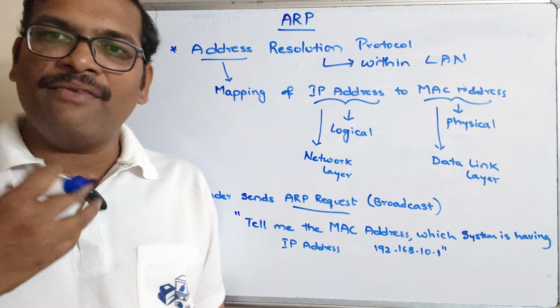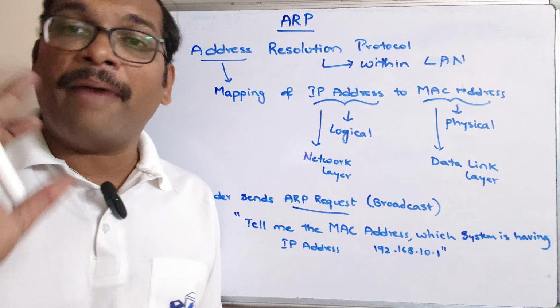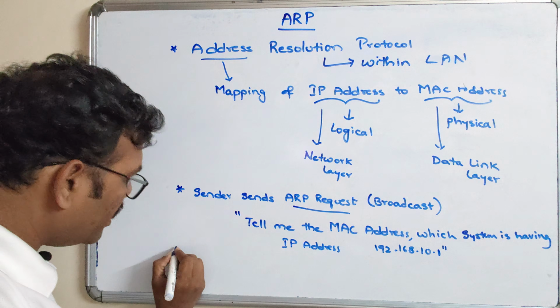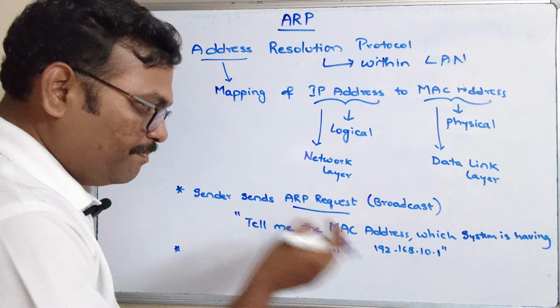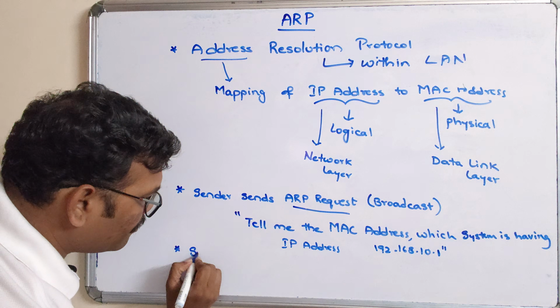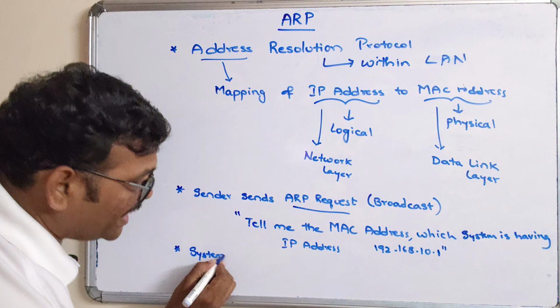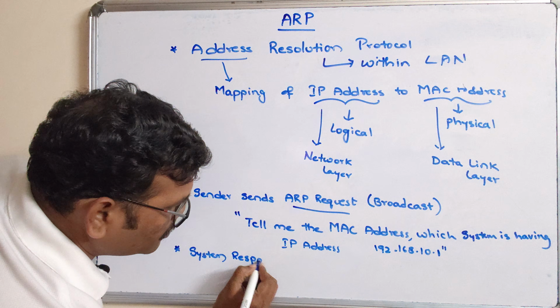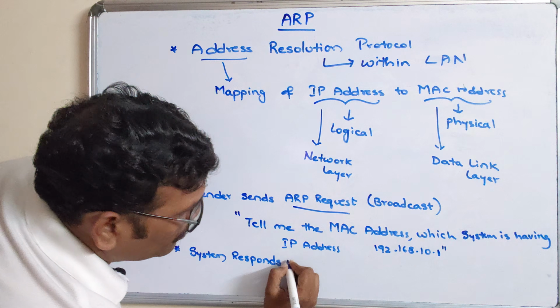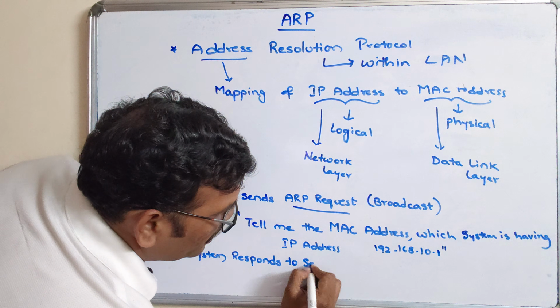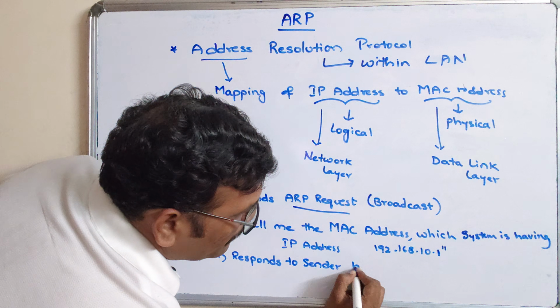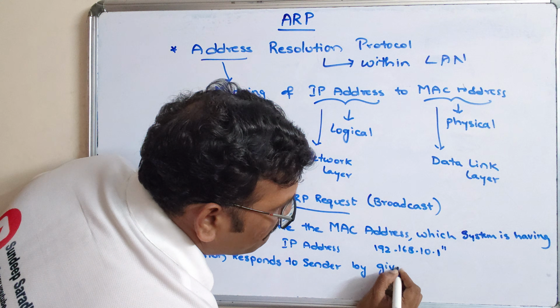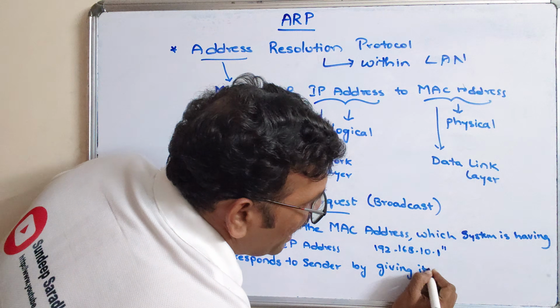So I have an IP address and I need to know the MAC address. What happens? Immediately the destination system responds to the sender by giving its MAC address.